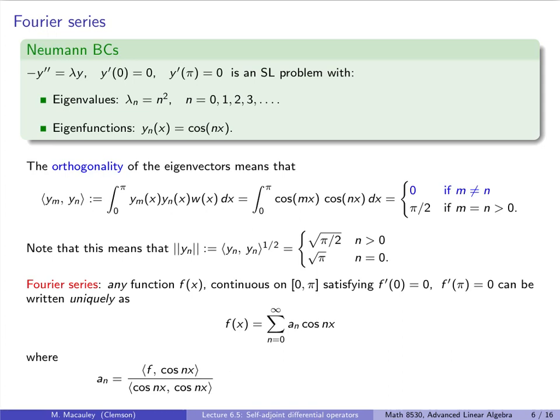So here's that formula. It's the integral from 0 to pi of f of x cosine nx dx over the norm of cosine of nx squared. And except when n equals 0, that is 2 over pi times the integral from 0 to pi of f of x cosine of nx dx. And you can check that you actually get this same formula if n is equal to 0. I won't do those details here.